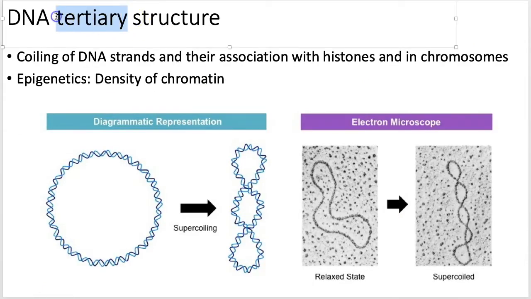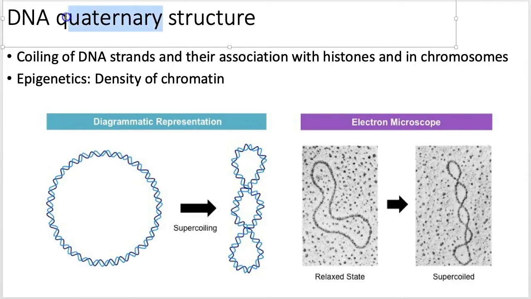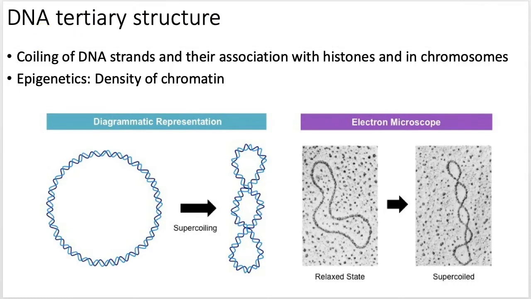I would actually probably call this quaternary. The reason we don't typically say that is because quaternary, to nerds, sort of implies that we have two DNA pieces stuck together. I don't like to ask questions about these things because it depends on who you ask what level of structure that is. So don't worry, I'm not going to ask you a question on that.